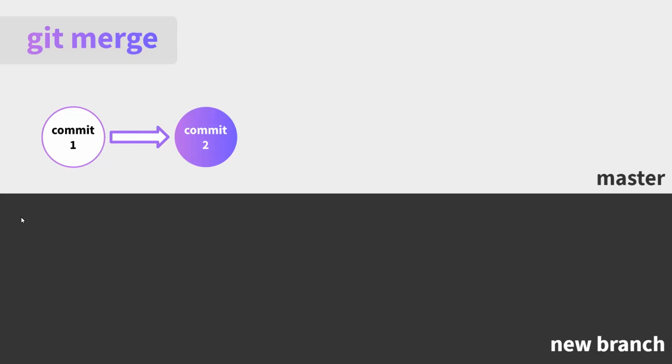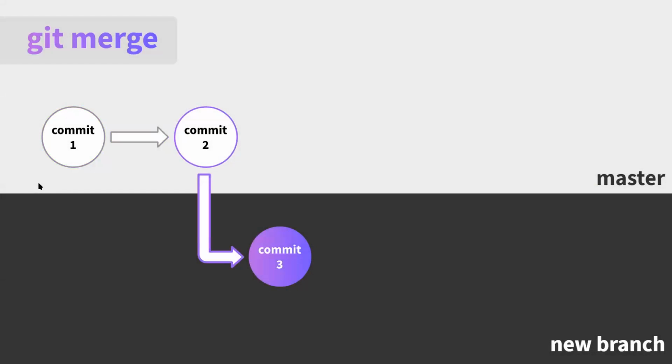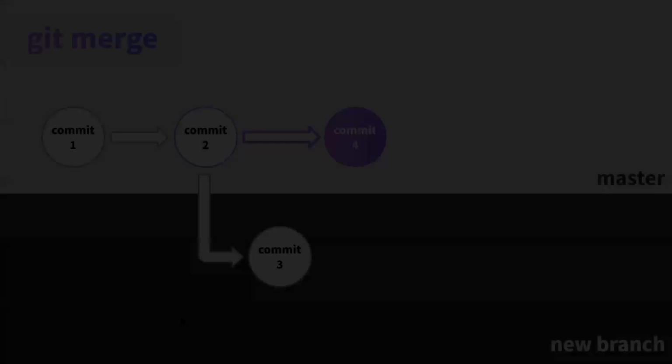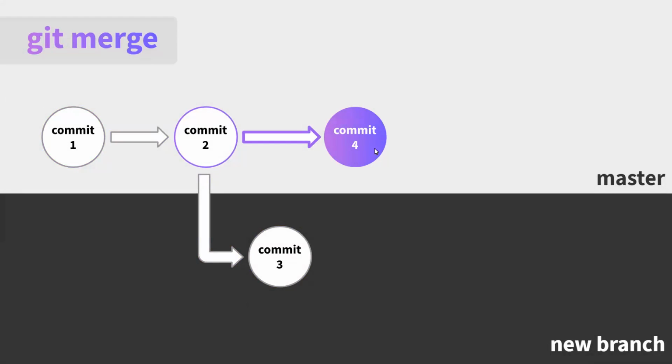So cool. Let's say we have the master branch and then some new feature branch. On master, we have commits 1 and 2. We're going to branch off of master and then do some work, commit 3 right here. And then maybe on master, someone merges in a feature.